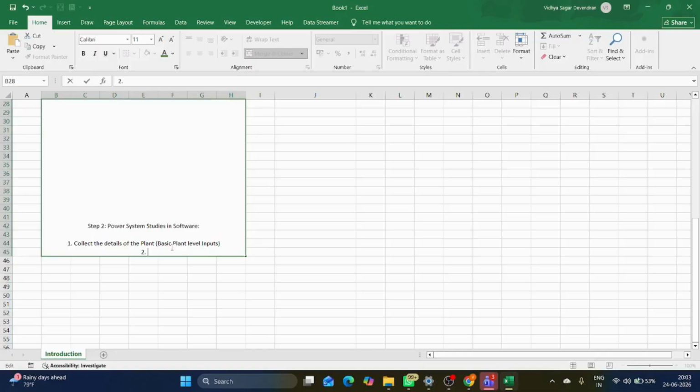So the next thing is to convert the given inputs into the respective simulation. That is called power system network modeling.